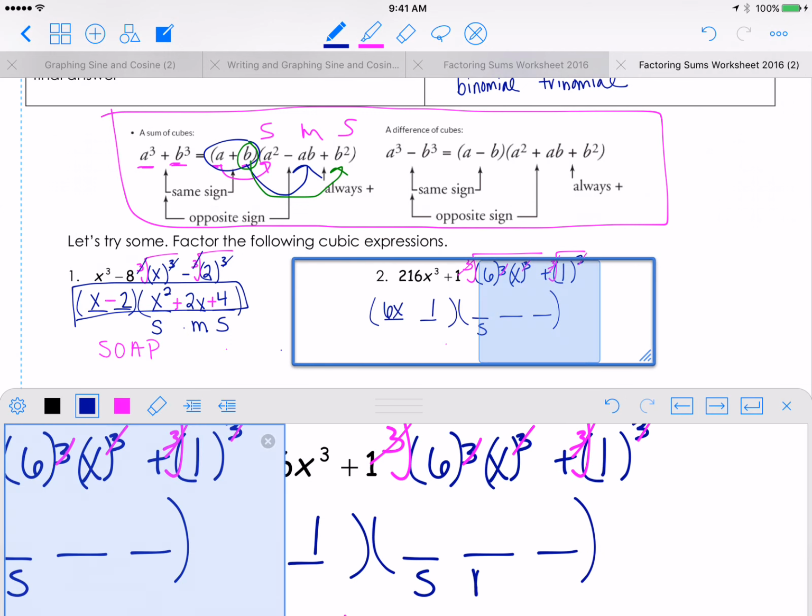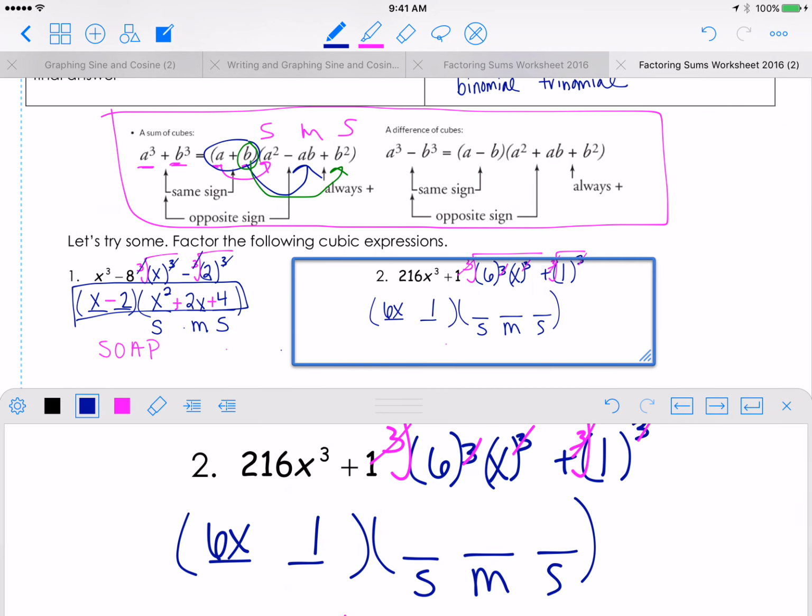Now we do S, M, S. So we square the first one. So 6x squared is going to give us 36x squared. 6 squared times x squared is going to give us 36x squared.